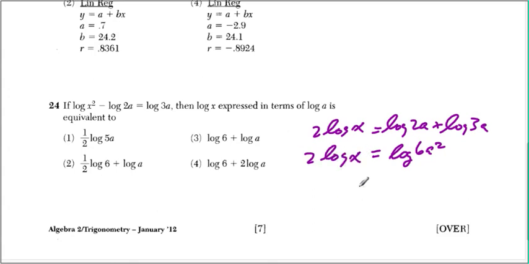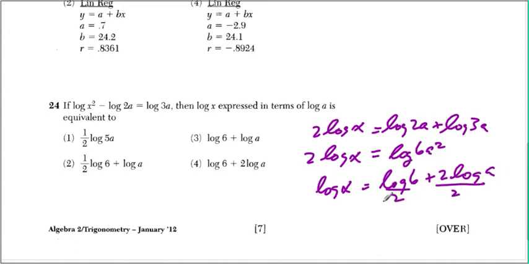So divide by 2, so we have log of x equals, we'll expand that first, log 6 plus 2 log a, and everything's divided by 2. So those 2's cancel out. So log 6 divided by 2, or 1/2, plus log a. Choice 2.